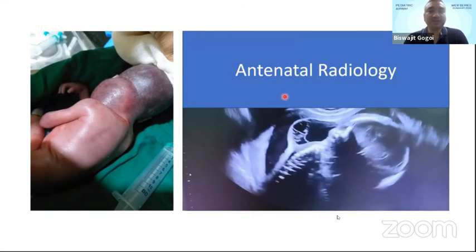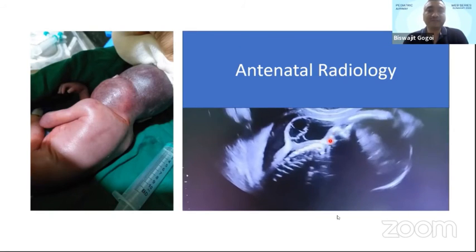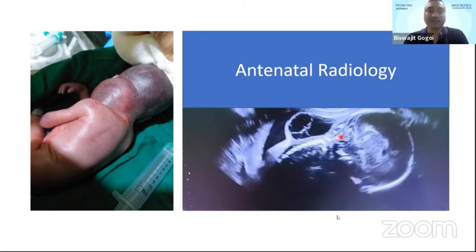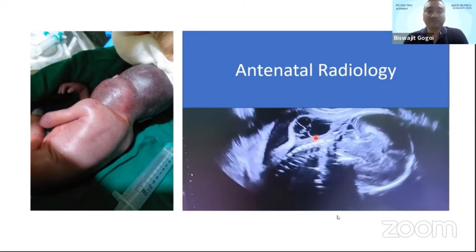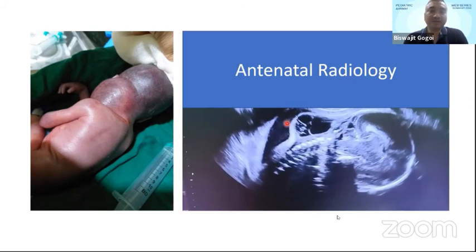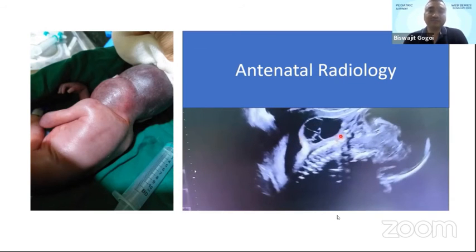In one case we could see a large and cystic lesion by fetal medicine, but the parents were not convinced. Somebody else told them he has a large tumor, so they aborted the child in another hospital. Definitely we were waiting to do an EXIT and preparing for that, but the child was not delivered.